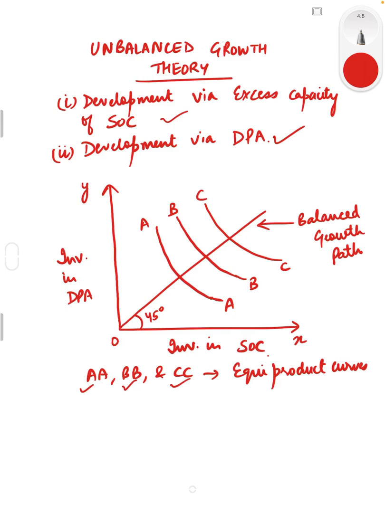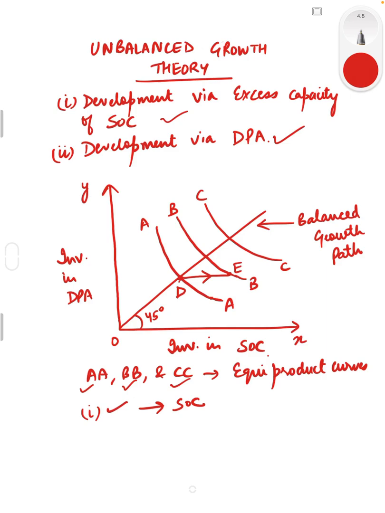Okay? So if we follow the first path, if we first invest in SOC, then what type of growth path will be followed by the economy? It is simple to understand. Now let us start from this point D, right? Now if we first invest in SOC, which is along the x-axis in the horizontal direction, investment increases from D to E, right?